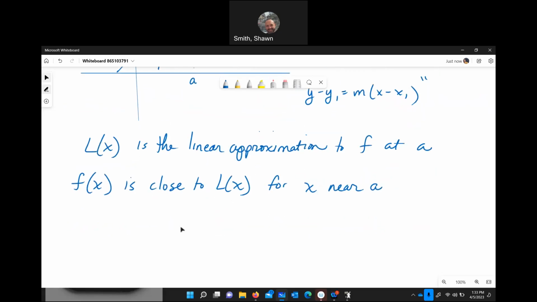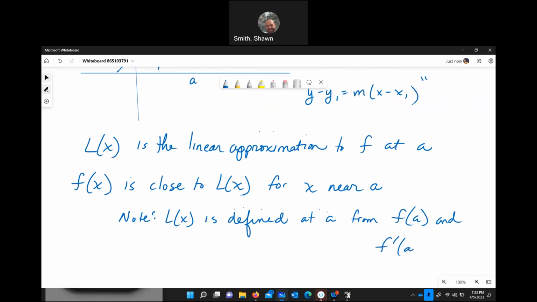And the thing about using that notation I just put up there is that L of x is defined at a from f of a and f prime of a.